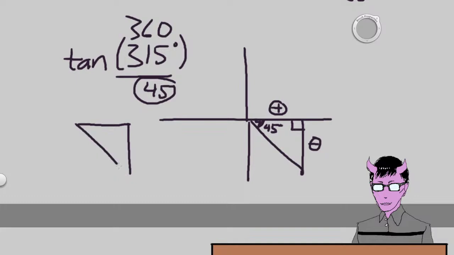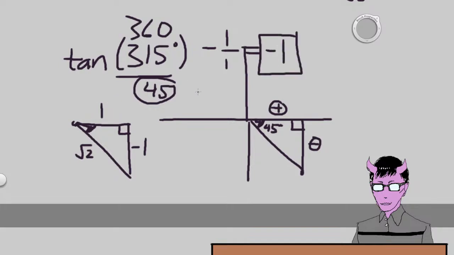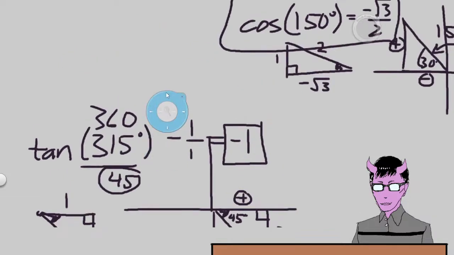The ratios are 1 to root 2 to negative 1. It's tangent from this angle that's contacting the origin. It's going to be opposite negative 1 over adjacent 1. Final answer. And we're good to go.